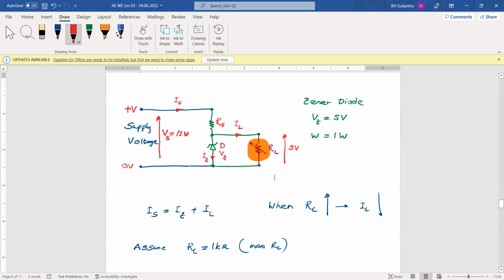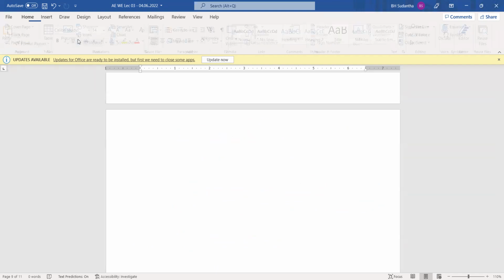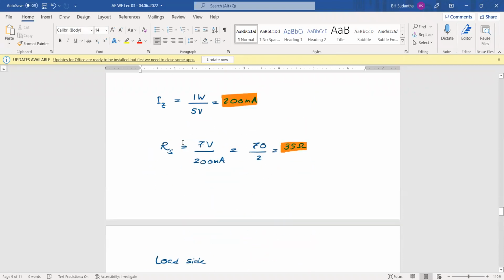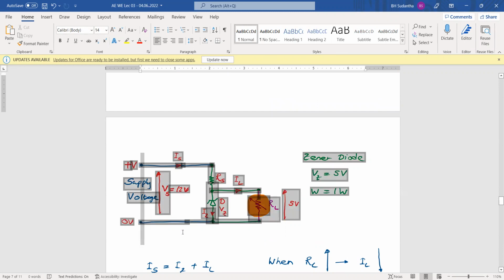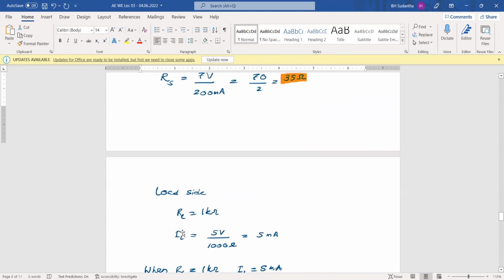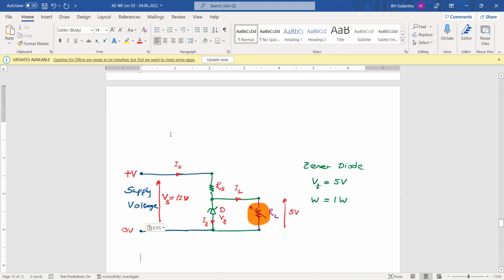If the RL is not connected, let me draw it again. Okay, without drawing, shall we copy it? Okay. This is the normal situation.